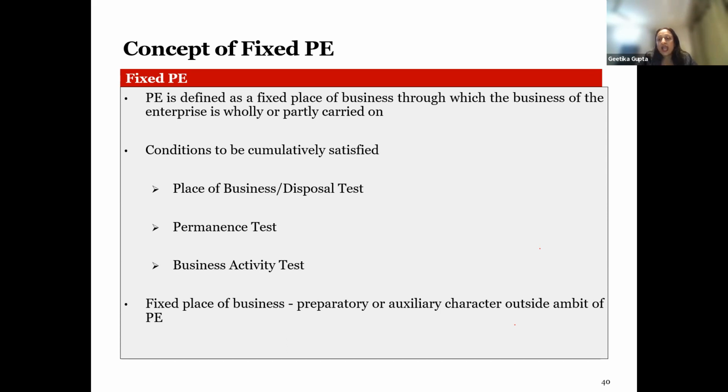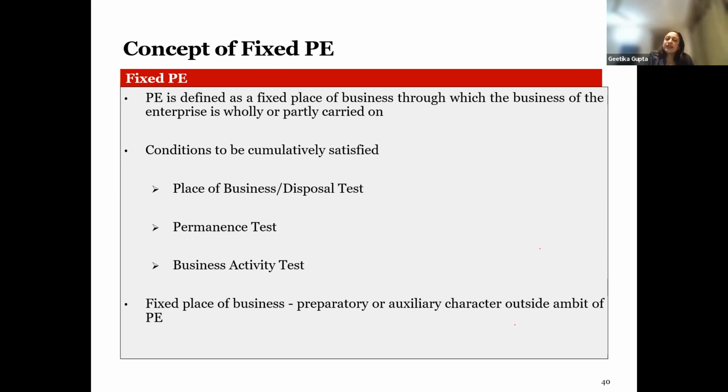If there are no activities carried out through the place of business, then there is nothing that is earned from India and nothing is taxable to the PE, even if it is there. So these three tests are very, very important. And a fixed place of business doesn't get construed in case the activities are only preparatory or auxiliary in nature.